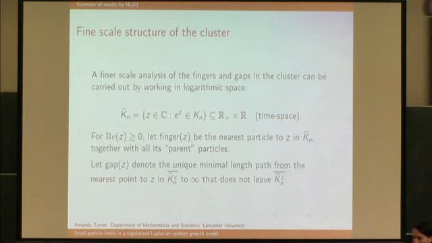Just to make that more precise, for the exact relationship, it helps to take the logarithm of our space. So we define K tilde to be the points whose exponential lie in our cluster, and then for every point with positive real part, we can define a finger from that point to be that we take the nearest point in K tilde, so the nearest point in the log of the cluster, together with all of its parent particles.